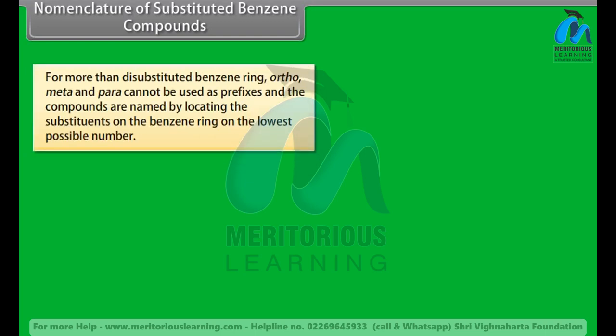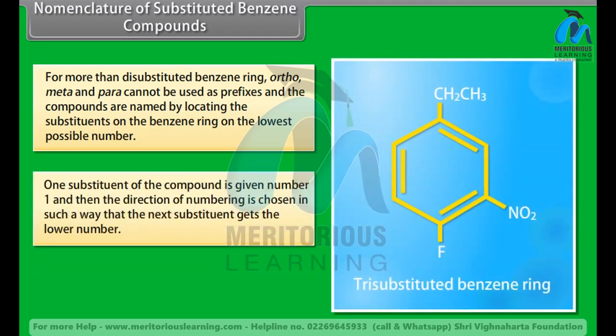Nomenclature of substituted benzene compounds. For more than di-substituted benzene ring, ortho, meta, and para cannot be used as prefixes, and the compounds are named by locating the substituents on the benzene ring on the lowest possible number. One substituent of the compound is given number 1, and then the direction of numbering is chosen in such a way that the next substituent gets the lower number.